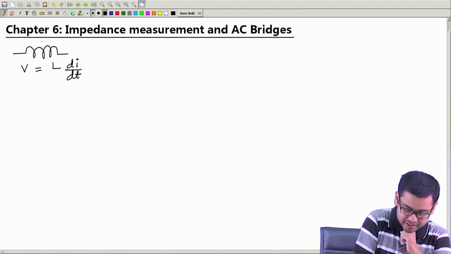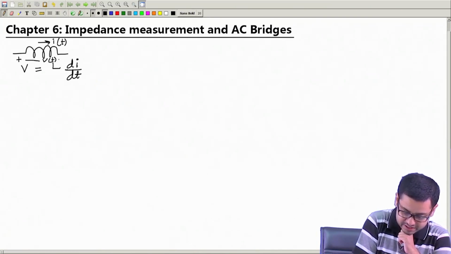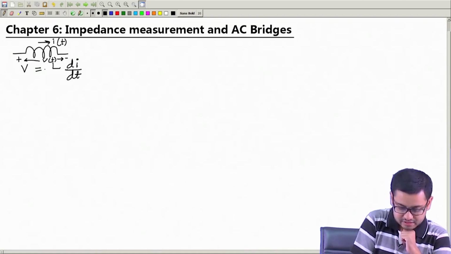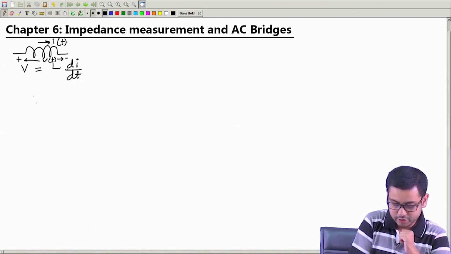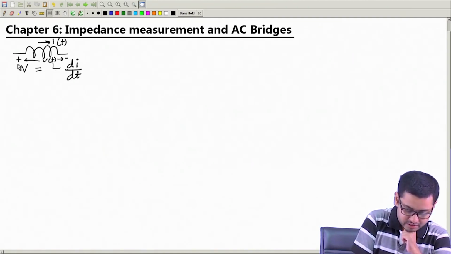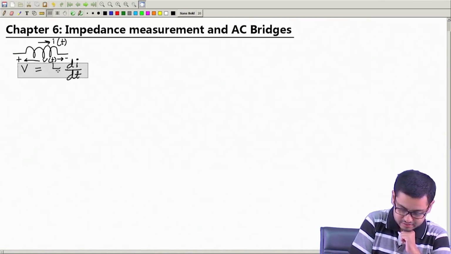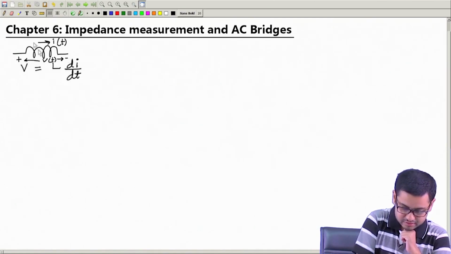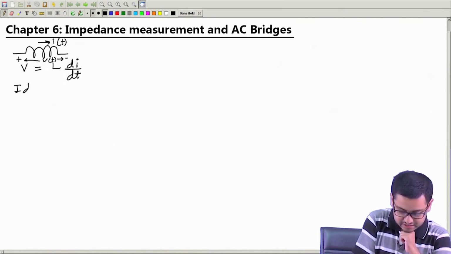So, if I am measuring the current from left to right, this is I(t), and if I am measuring the voltage with left side as the positive and right side as the negative side, okay, then we have this relationship V is equal to L dI/dt, and this rule for an ideal inductor should be perfectly valid. So, this is an ideal inductor.